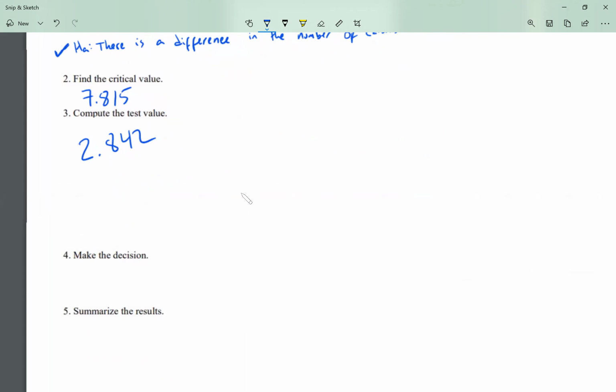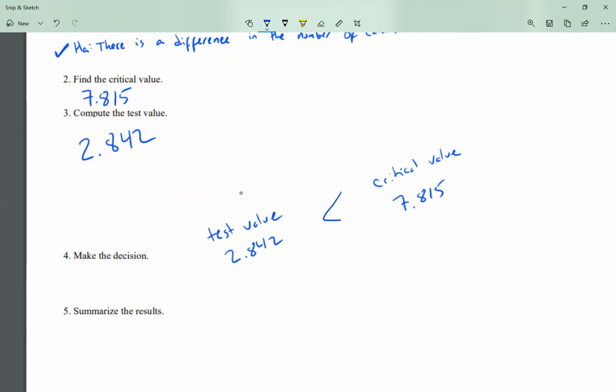Now we're going to make a decision. I have a critical value and I have a test value. Which one is bigger? My test value is 2.842. My critical value is 7.815.